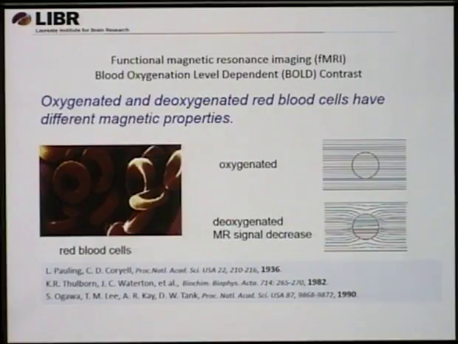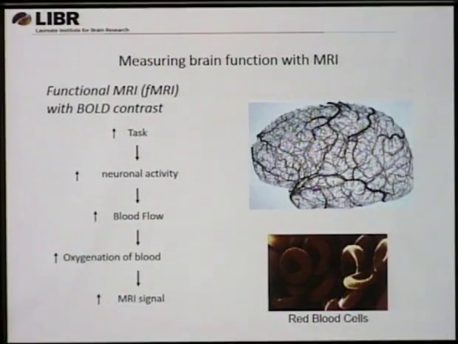the local magnetic field. But this is not the only thing happening, because when the task neurons are activated, there is an increase of neuronal activity somewhere, and then there's also a local increase in blood flow, which changes the oxygenation of the blood in this area. And this effectively causes the MR signal to go up, because we have more fresh, fully saturated blood, which does not interact with the magnetic field as much.